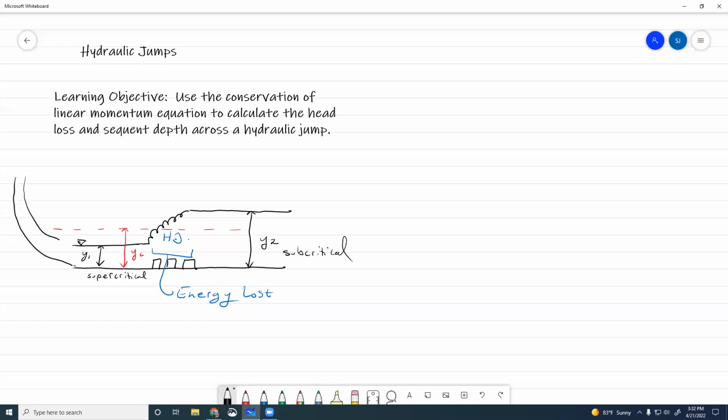So if we try to do our specific energy, we can say V1 squared over 2g plus Y1, in this case, it's not going to equal V2 squared over 2g plus Y2. So we have to add in this delta E, whatever specific energy we lost across that hydraulic jump.